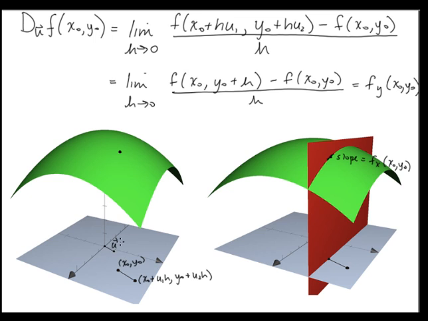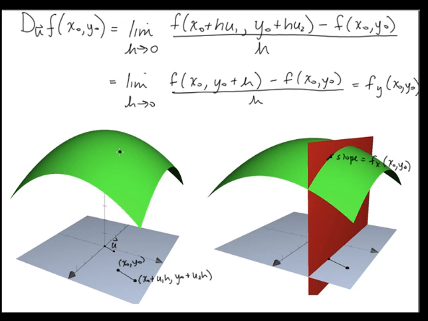Here's our domain, and here's unit vector u. Here's our point x naught, y naught, at which we're going to take the directional derivative. And here is x naught plus u1h, y naught plus u2h. Here's the point x naught, y naught, f of x naught, y naught on the surface.